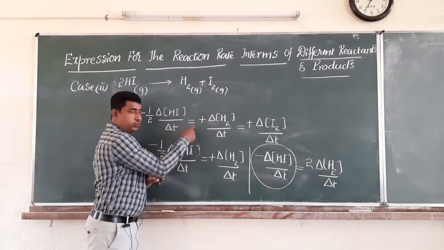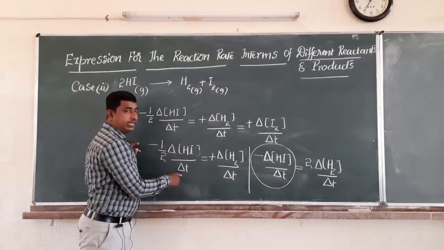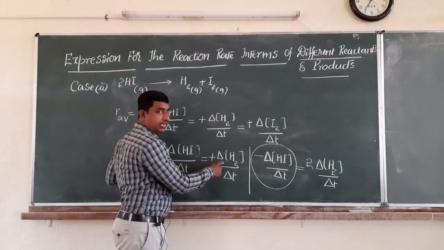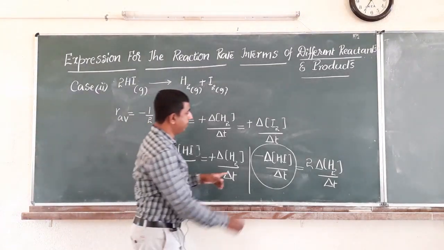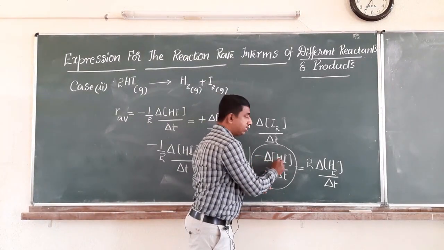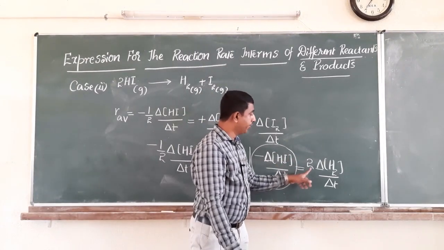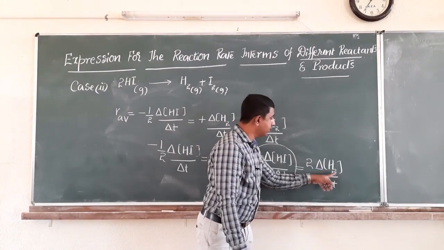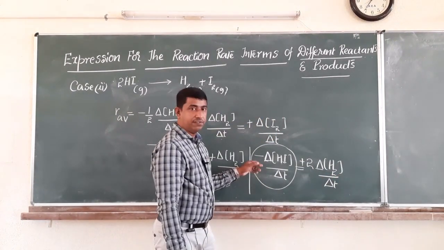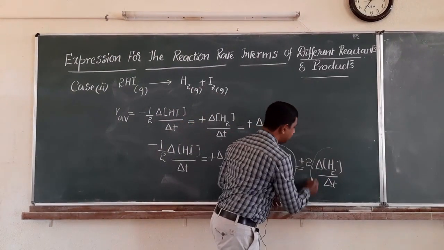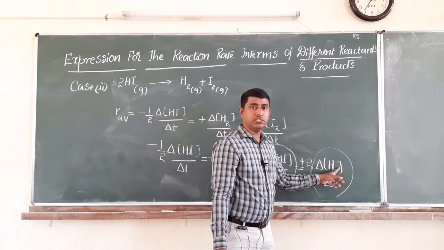I equated these two, that is minus 1 by 2 delta concentration of HI by delta T is equal to plus delta concentration of H2 by delta T. On cross multiplying I will get minus delta concentration of HI by delta T is equal to 2 into delta concentration of H2 by delta T. So this is the rate of disappearance of HI, and this is the rate of appearance of hydrogen.